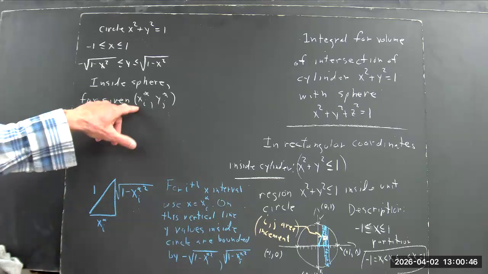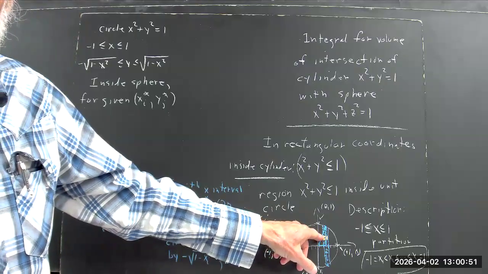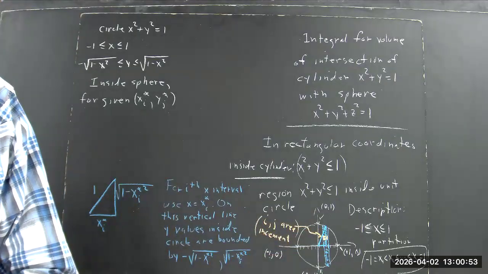Now, I haven't written here that xi star, yj star is your sample point within the ij interval. You should understand that, okay?